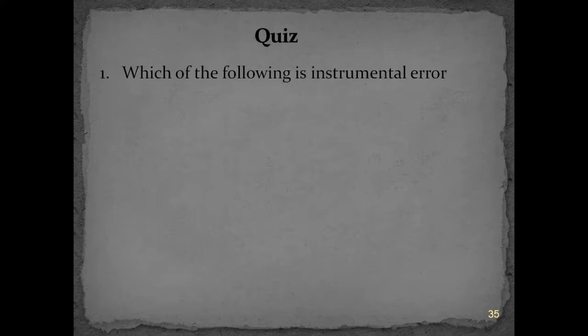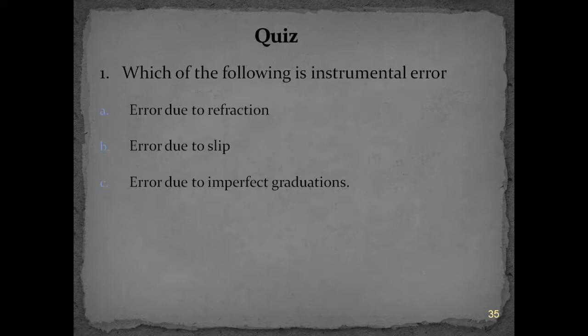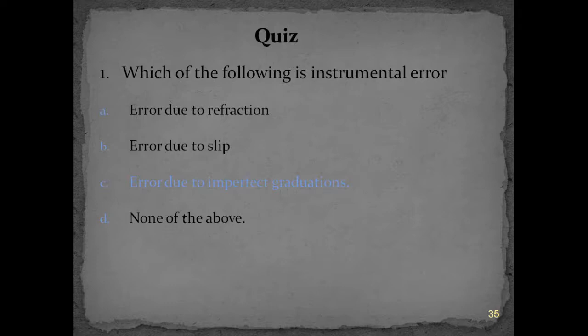Which of the following is an instrumental error? Error due to refraction, error due to slip, error due to imperfect graduations. Error due to imperfect graduations is the instrumental error, whereas error due to slip is a personal error. Next, error due to refraction is a natural error. You should all learn all these things.